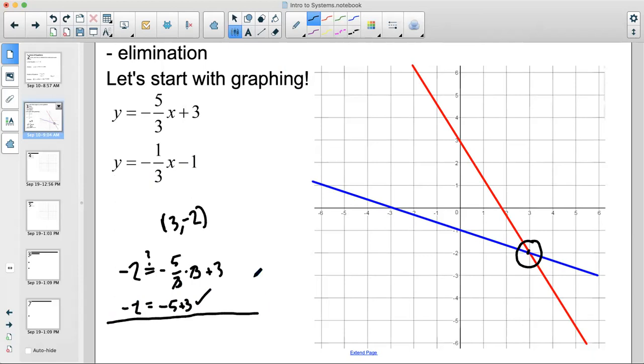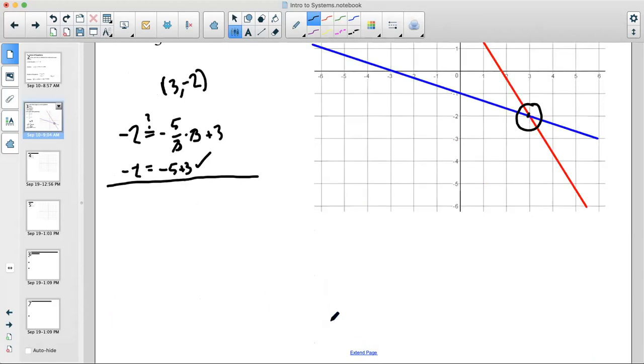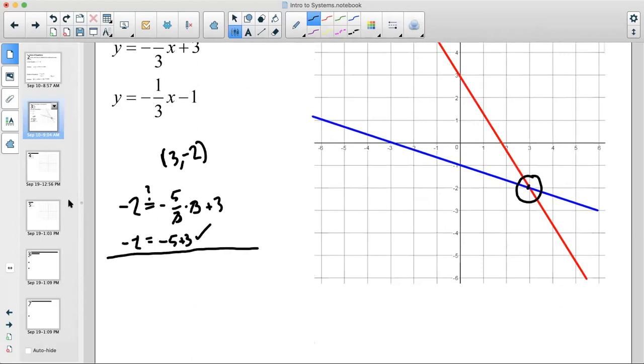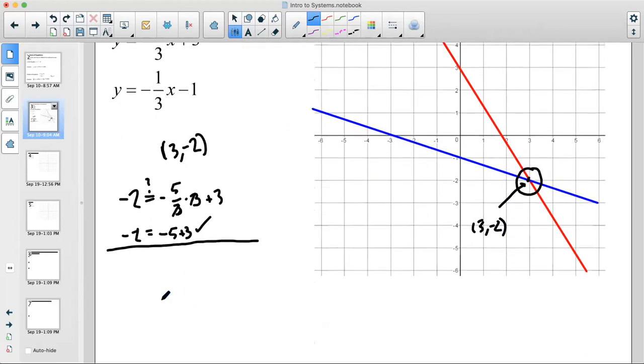Let me make this a little longer. We have -1/3, so it's still the same x and y. The claim is that this pair, this point 3, -2, is the x and y that makes both of these equations true. So we'll just check the second one.